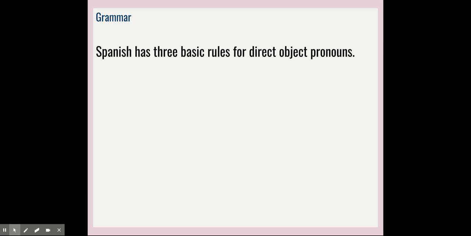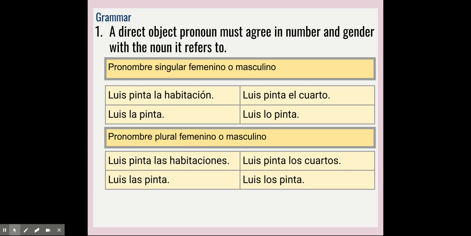Three basic rules for direct object pronouns. Number 1. A direct object pronoun must agree in number and gender with the noun it refers to. Remember, a pronoun is almost like an adjective. They have to agree in number and gender.